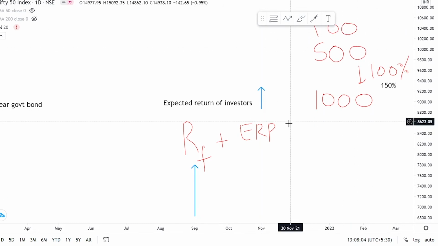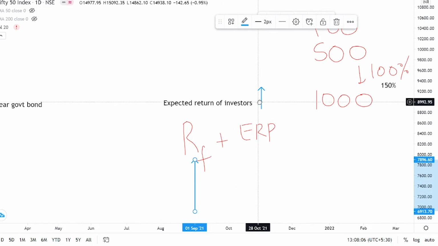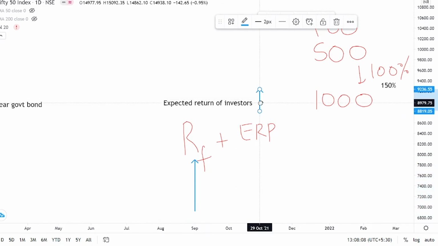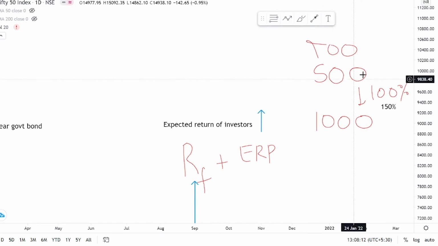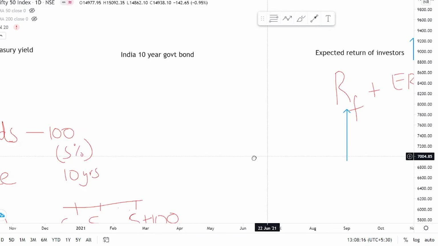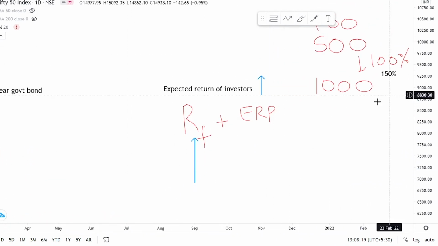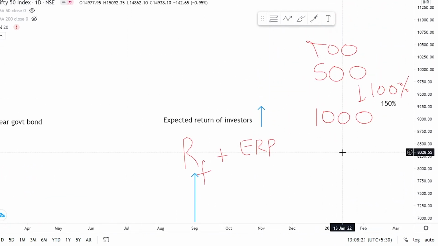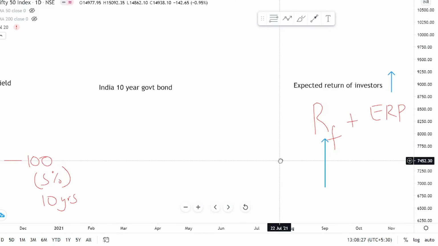So that is why a risk-free return increase leads to an increase in the expected return for investors, which leads to a fall in the current market prices. That is the reason for the US market falling, and as a result of that, Indian markets also fell along with it.